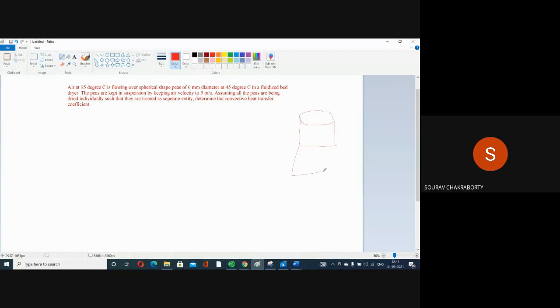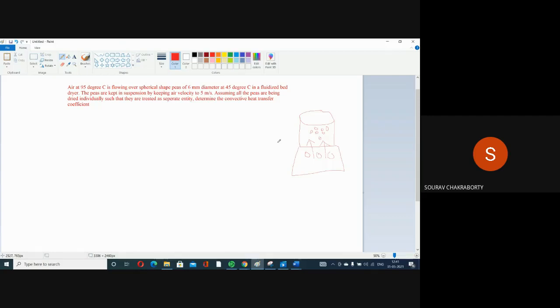This is the bottom of the dryer. Here you can set all the velocity, temperature and everything. And the peas are provided here. The pea materials are there in this section. These are the peas. So the air is flowing like this. This is the direction of airflow. The heated air is flowing like this over the peas at a velocity of 5 meter per second.